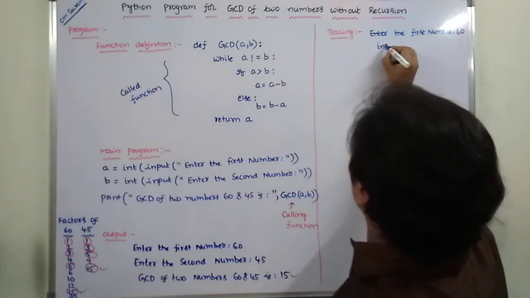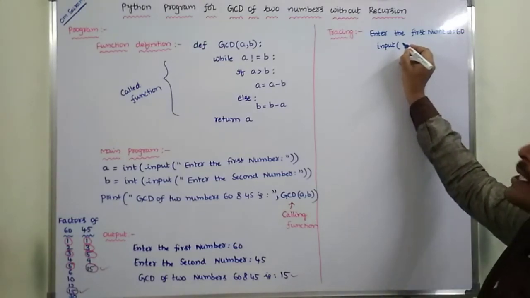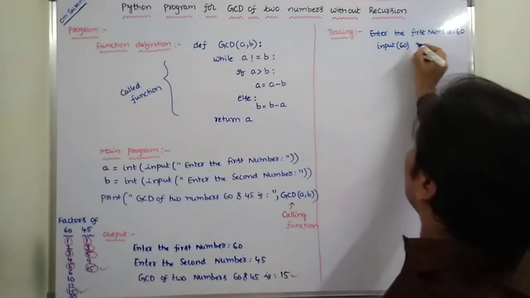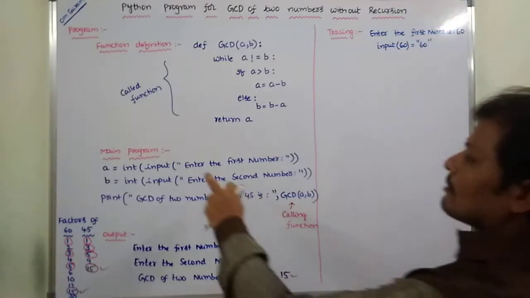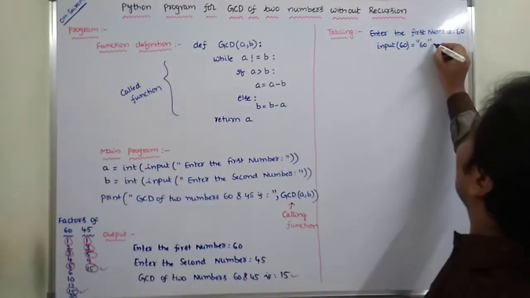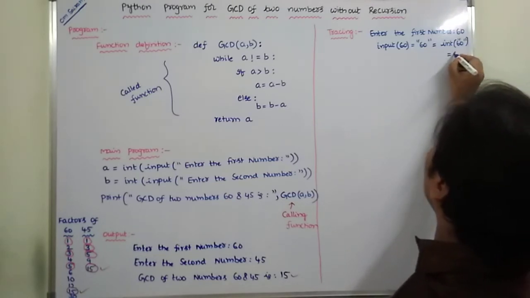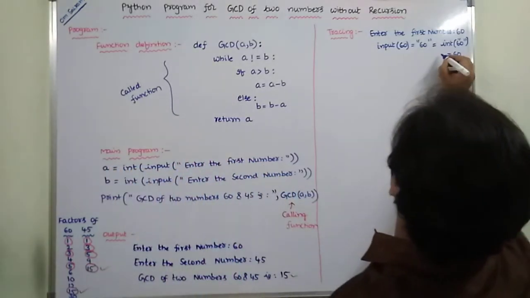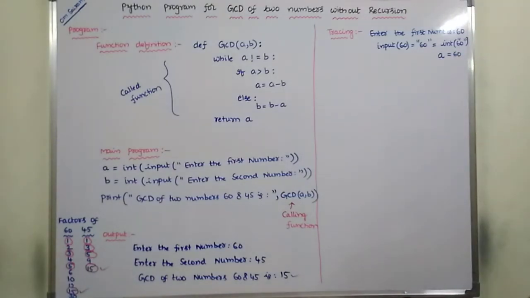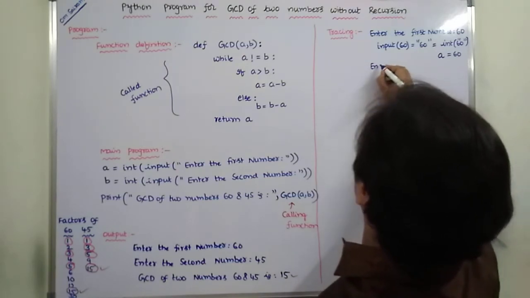The input function is used for reading the value entered by the user from the keyboard, that is 60, and it returns the string of 60. This string of 60 is taken by the typecasting int function, which returns the integer value 60. That value 60 is assigned to the variable a. Okay, next go for the second statement: enter the second number.